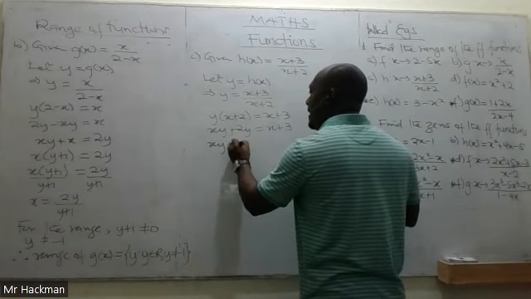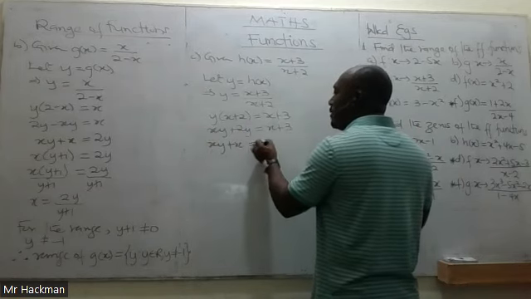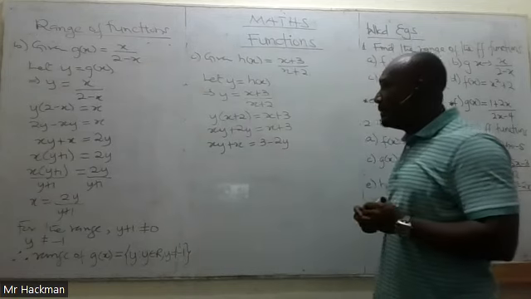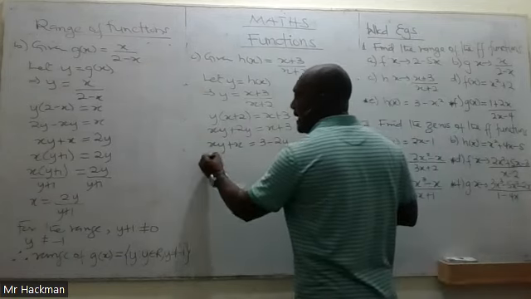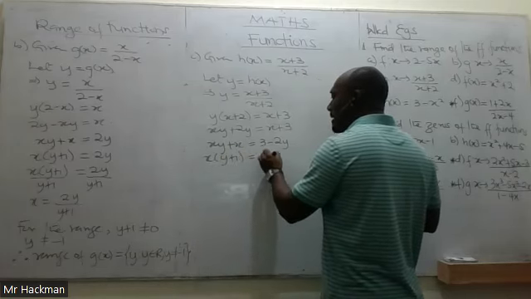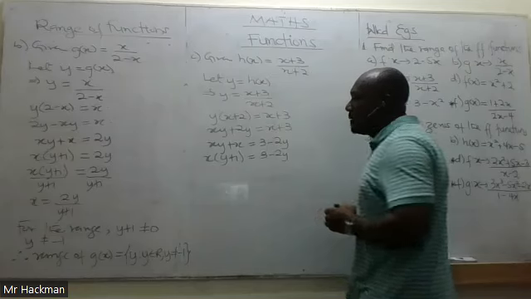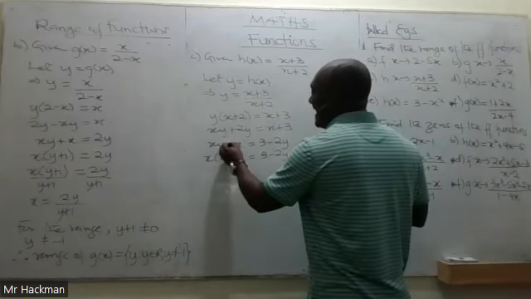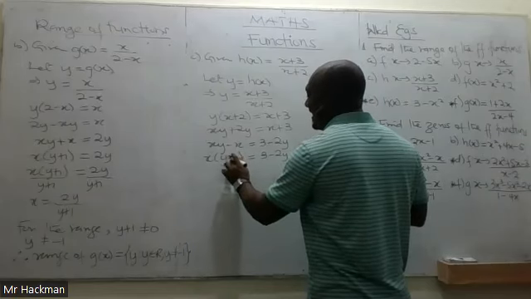So I'm going to get xy plus x should be equal to 3, and this will be negative, so I'll write that one as my second term. Now I factor out x, I get x times y plus 1 is equal to 3 minus 2y. Sorry, it's minus, I understand. I've gotten it.